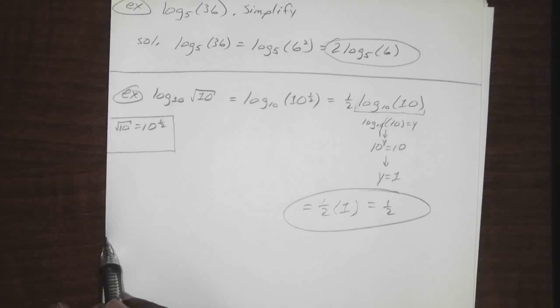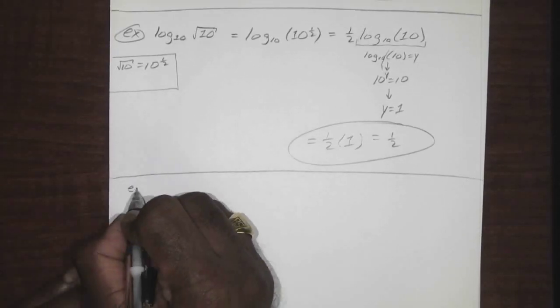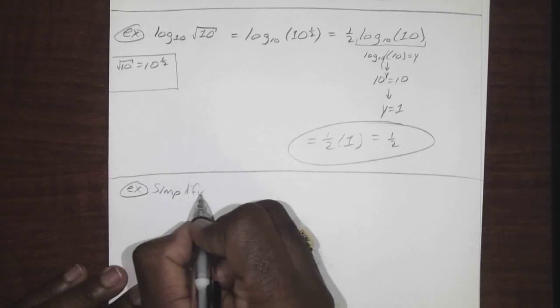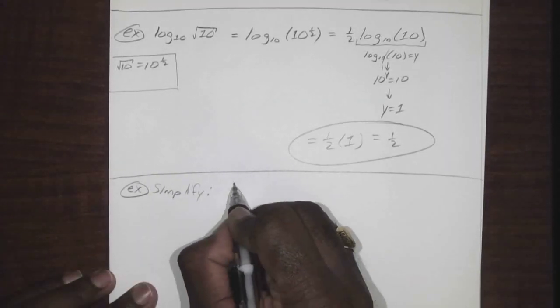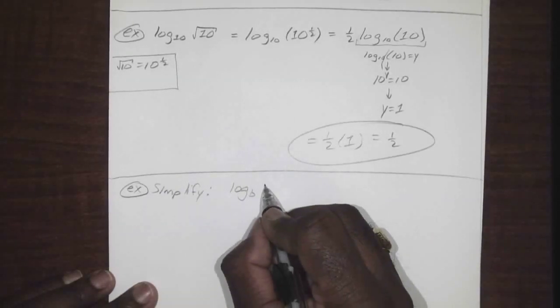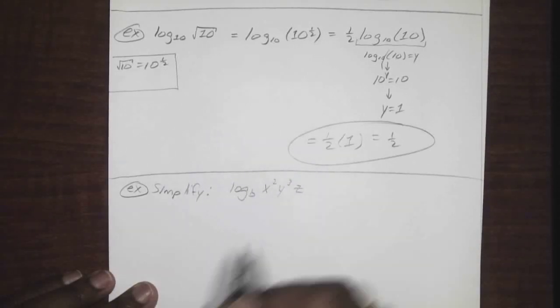Okay, so let's say we also wanted to simplify log base b of x squared y to the third z.